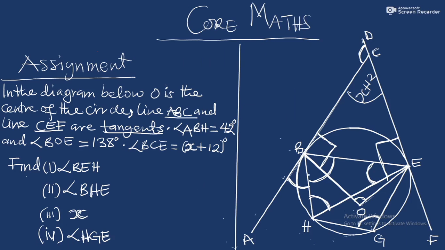Alright. So now that we've gotten angle HBE, when we add that angle to angle HGE and equate it to 180, we'll be able to simplify and get angle HGE. So let's do that.